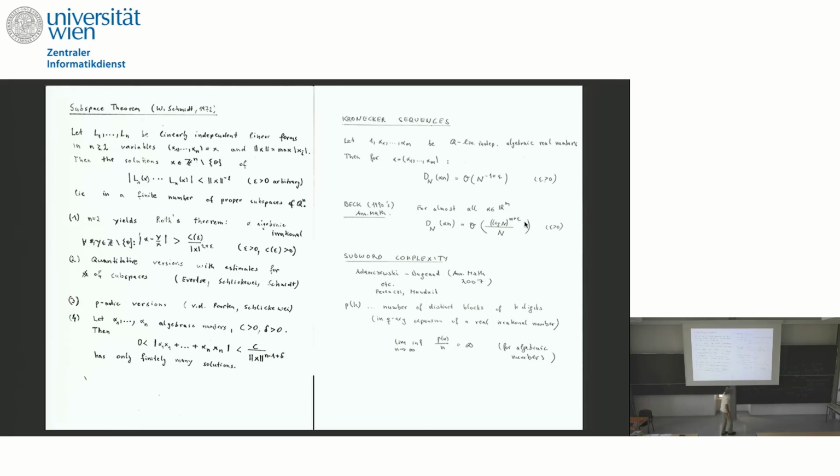You see how old I was. This was in the 70s, whatever, and it was very new at that time. And there was this improvement from m plus 1 to m. And this is an Annals paper by Beck.